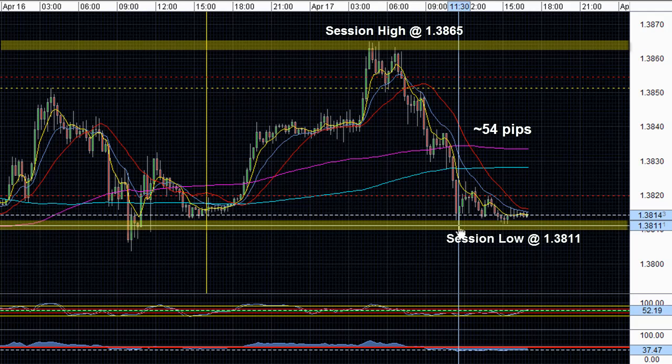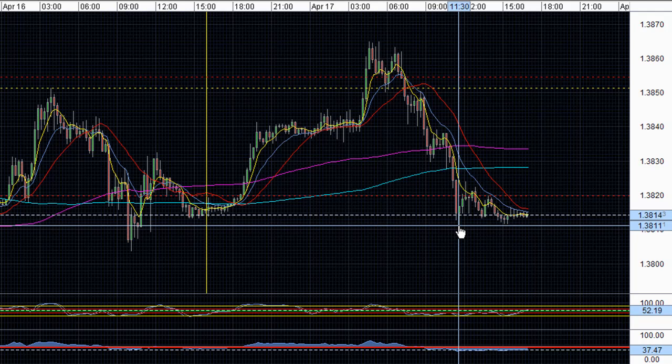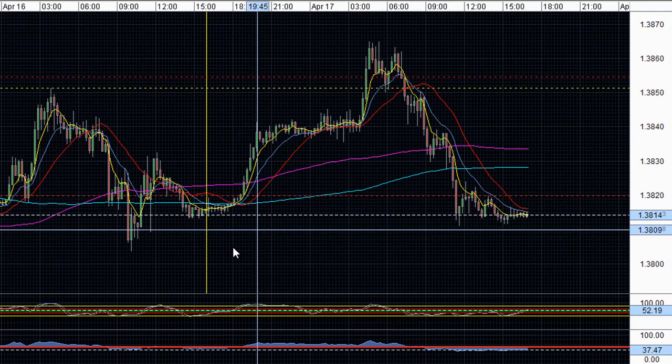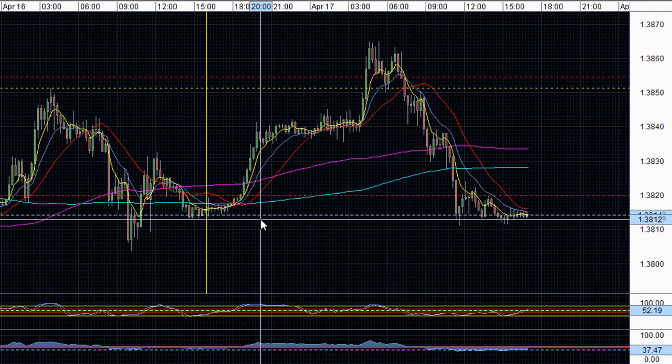So to be honest with you, I'm expecting a continuation of more range bound trading ahead of tomorrow. Like I said, there are already signs of liquidity leaving the market, so we may not get as much movement or as much volatility as before.